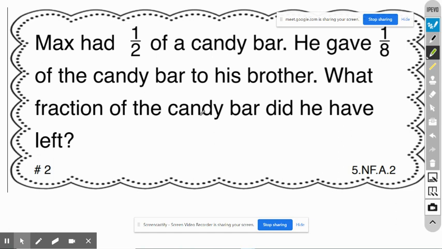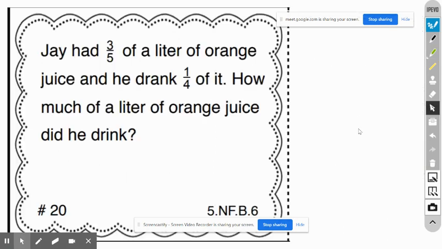What fraction of the candy did he give? He gave 1/8 of it. What is that? It would actually be 1/16 of the candy bar. It would not be subtraction. It would be multiplication.